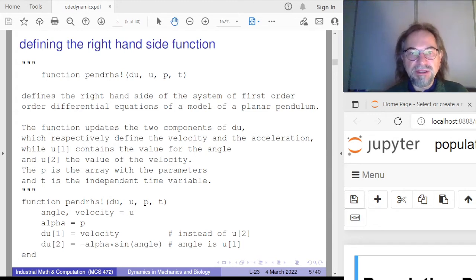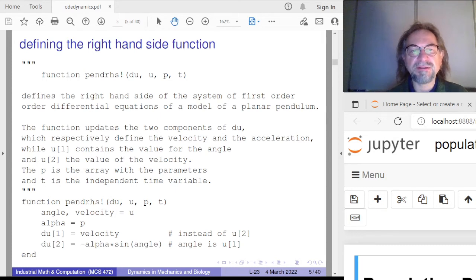The solver is set up to solve systems, so one provides a second argument, the original variables in the system. Here this will be the angle and the velocity. The third argument are the parameters. Here we have only one parameter, alpha, and then time is the independent variable, the last argument.